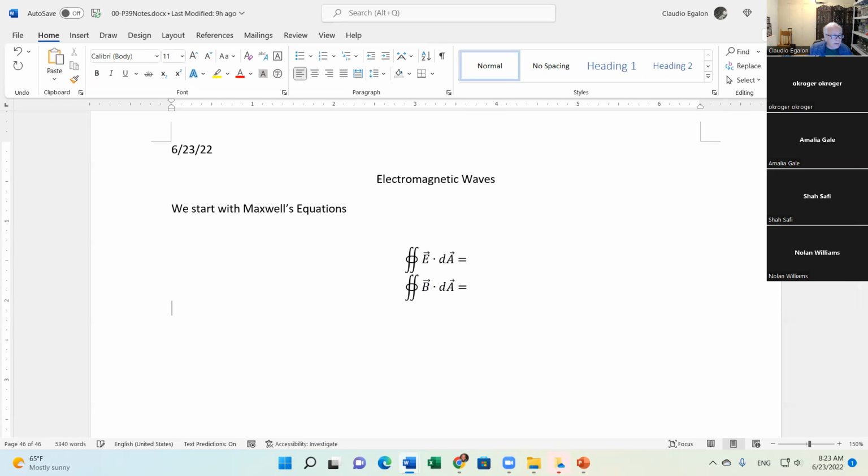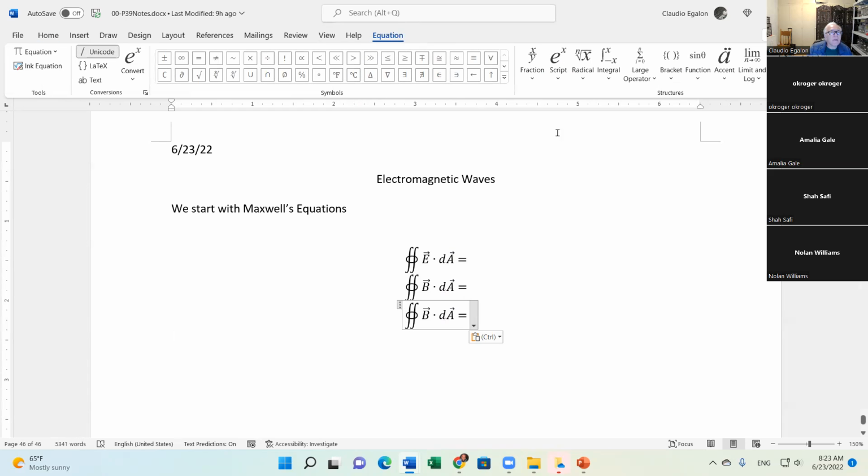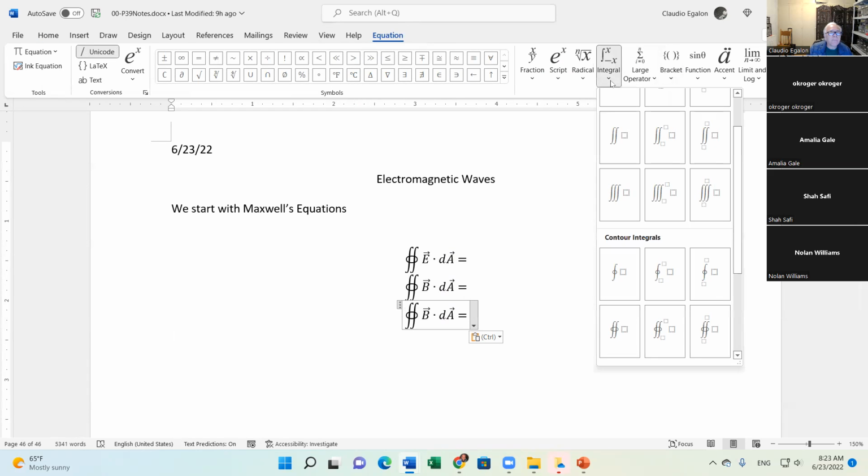And then you have 2 other integrals that are contour integrals. There are path integrals over a closed path. Okay, so here you go. I'm going to get a closed path integral right in here.